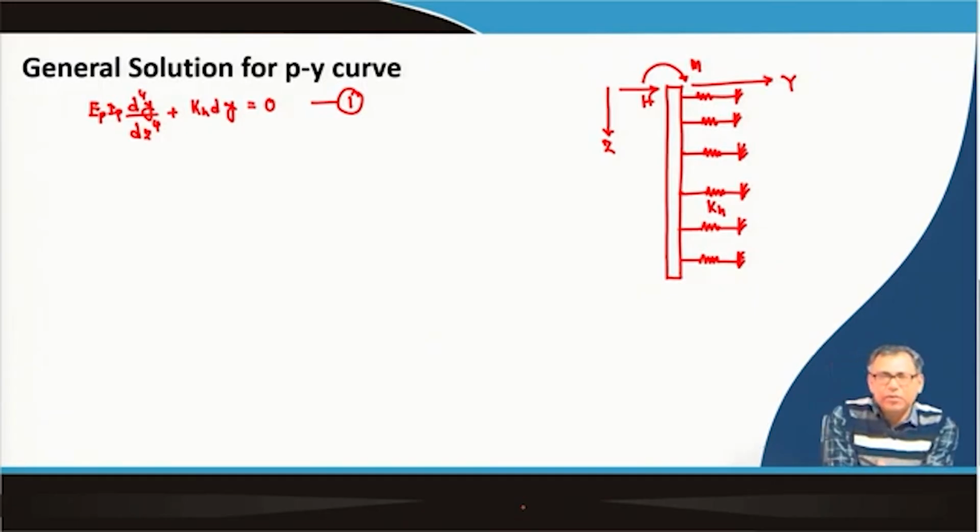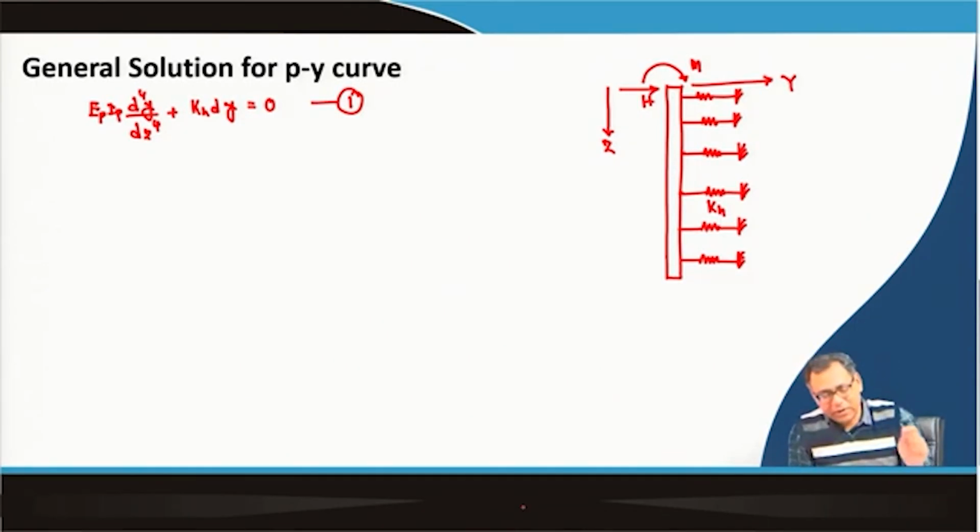This is the common beam equation that I have already derived during my shallow foundation class on beams on elastic foundation. You can see those lectures and find how this equation comes. The only difference is that in that case it was only EI and here it is EpIp, that means the elastic modulus and moment of inertia of the pile.